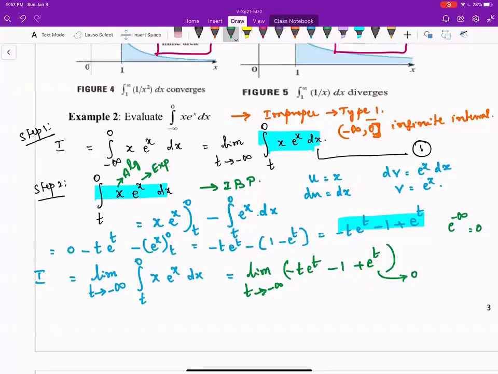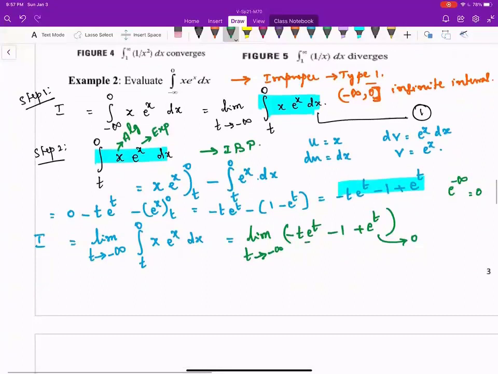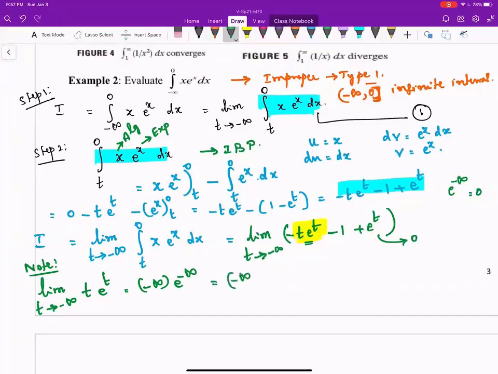Now this part, you have a negative 1. This part, the first one, when you substitute negative infinity, it becomes negative of negative infinity times e to the negative infinity, so that is indeterminate. The limit as t approaches negative infinity of t times e to the t is negative infinity times e to the negative infinity, which is negative infinity times 0, indeterminate.